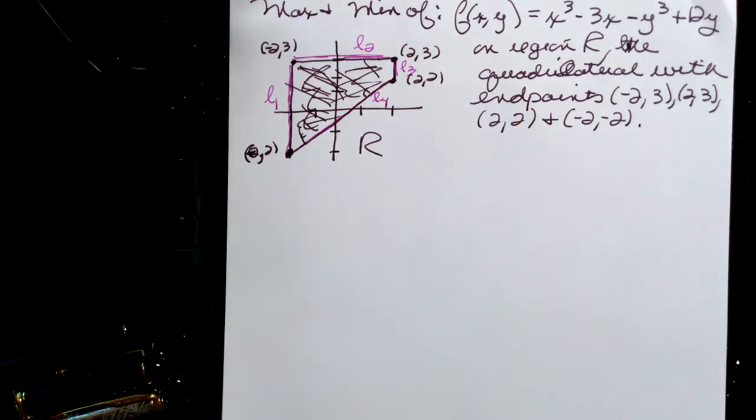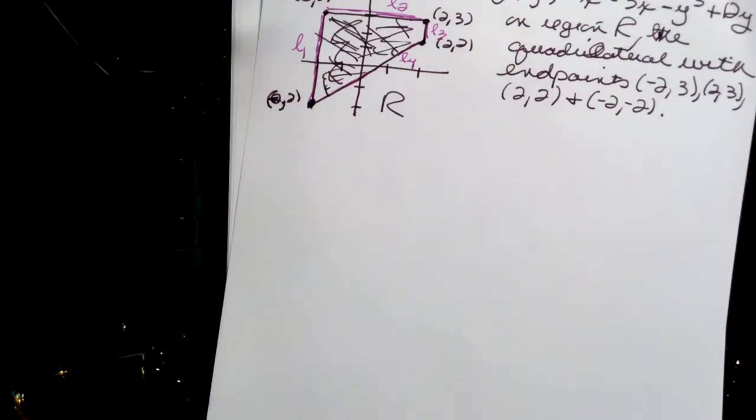So we're going to have to consider maximizing the function f on all 4 of those lines, plus find all the critical points that are in the interior. And then check the value of the function at all those points. And then the largest one is the maximum, and the smallest value at all those points is the minimum.